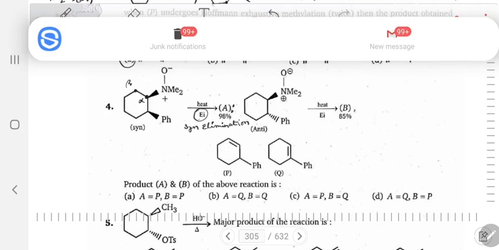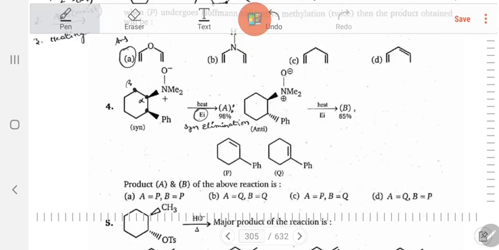So here there is a possibility for beta hydrogen. Here also there is a possibility for beta hydrogen. But here the beta hydrogen is in the opposite direction of that amine oxide system. So abstraction of hydrogen from here is difficult. So hydrogen will be abstracted from this beta carbon because here this hydrogen is on the same side.